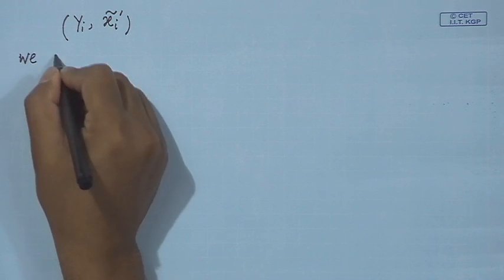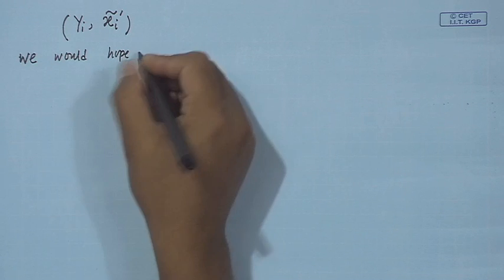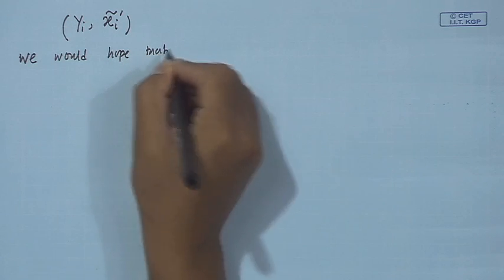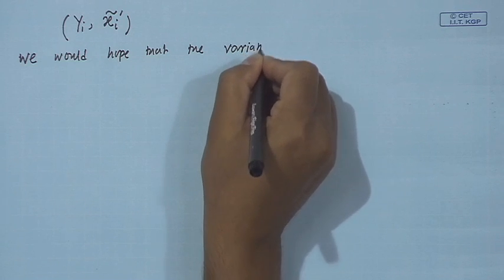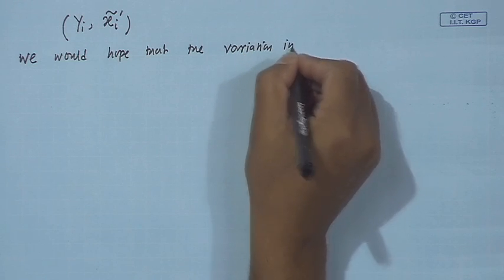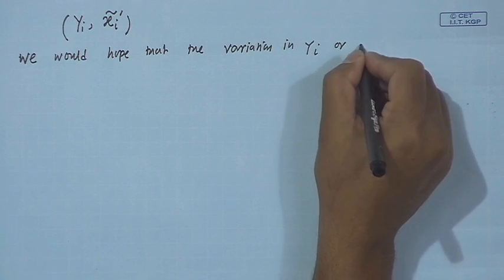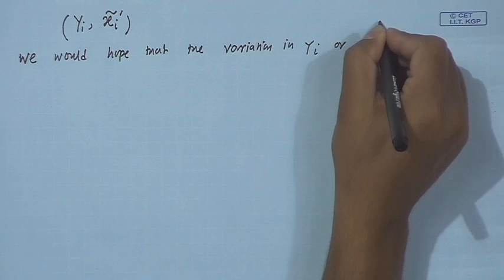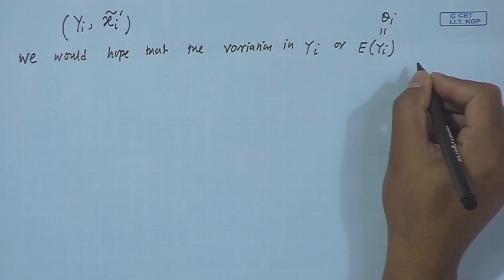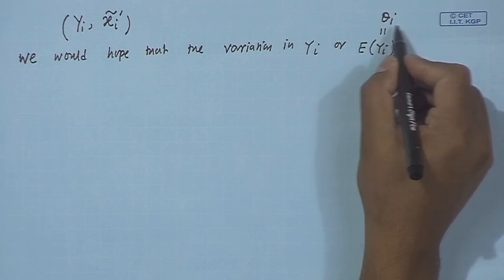So, what we expect is that we would hope that the variation in y i, or say the expectation of y i, that is nothing but theta i, and these theta 1, theta 2, theta n can all be different.